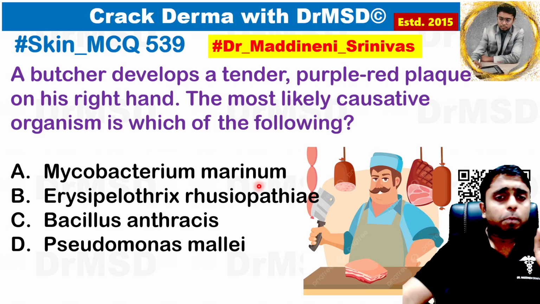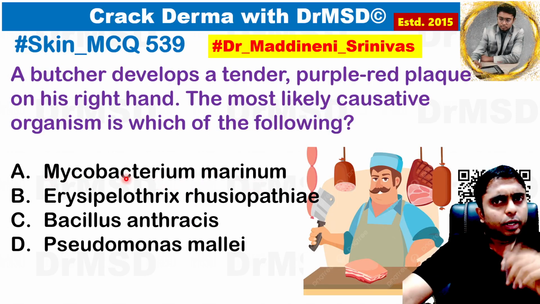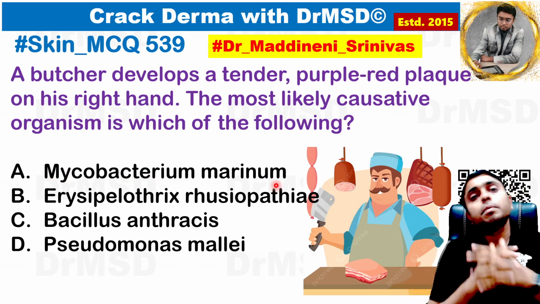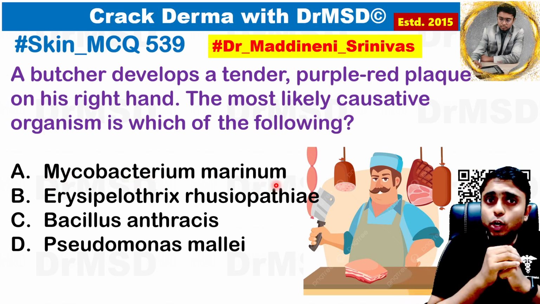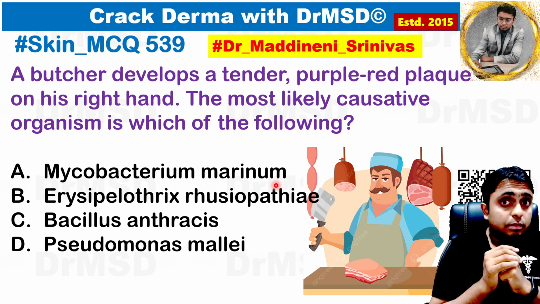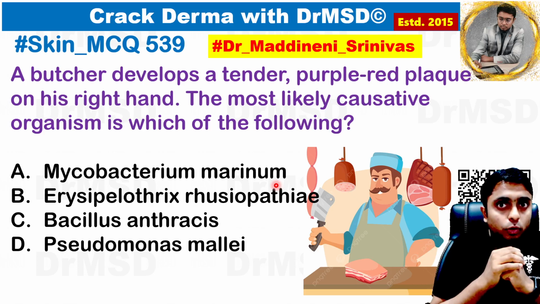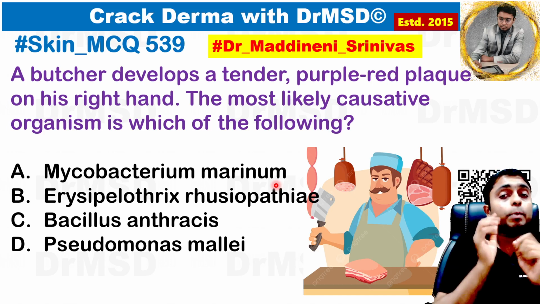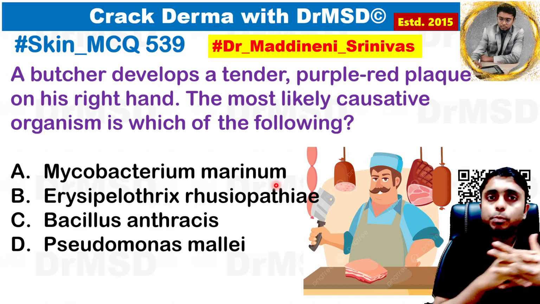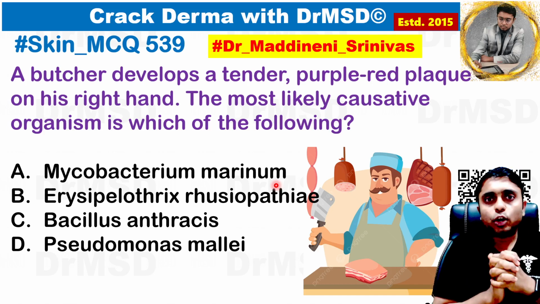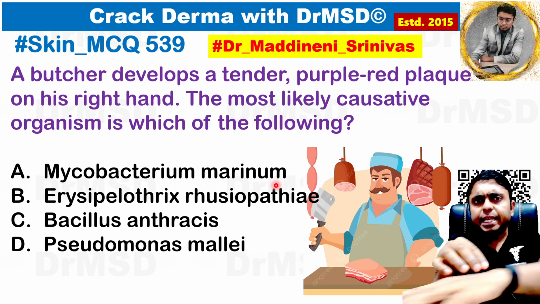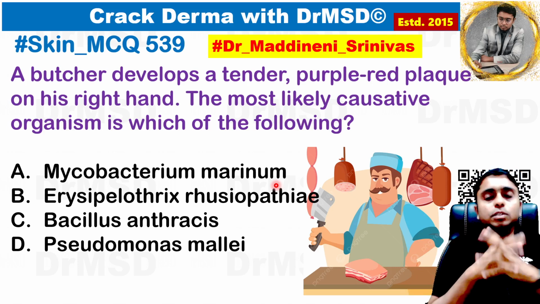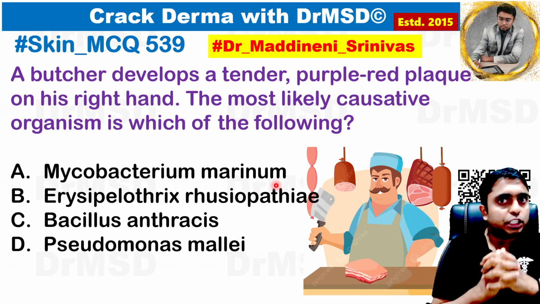The first option, Mycobacterium marinum, few students thought this was the answer. Please remember, Mycobacterium marinum is going to produce swimming pool granuloma. If you remember, this was discussed in the sporotrichosis topic, because Mycobacterium marinum, presenting as swimming pool granuloma or fish tank granuloma, is going to present with nodulo-ulcerative lesions in a linear fashion, which is also called sporotrichoid lesions.